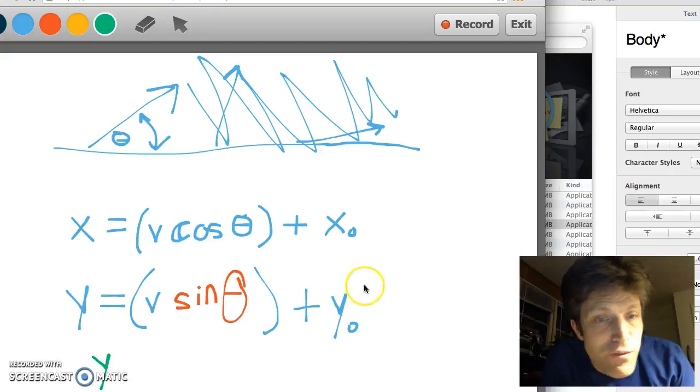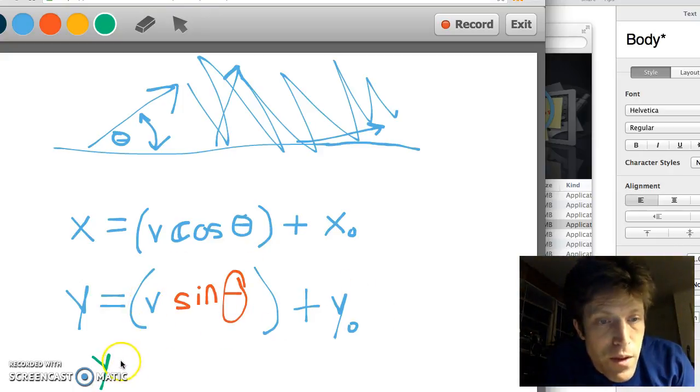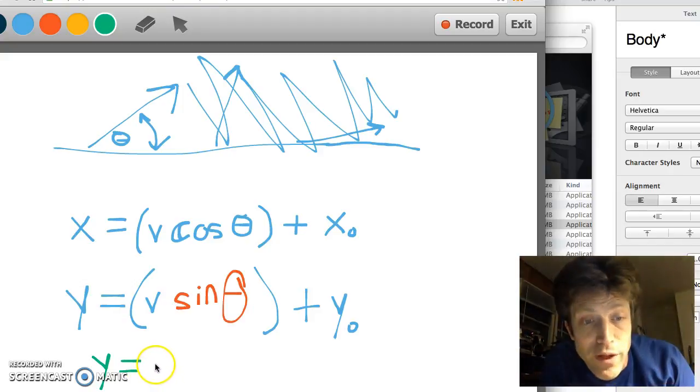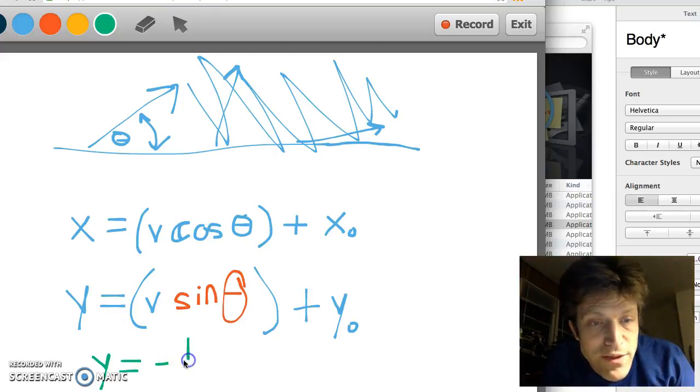So we still have these terms as part of it, but when we're throwing a projectile, we have this other gravitational constant that goes in front of everything.